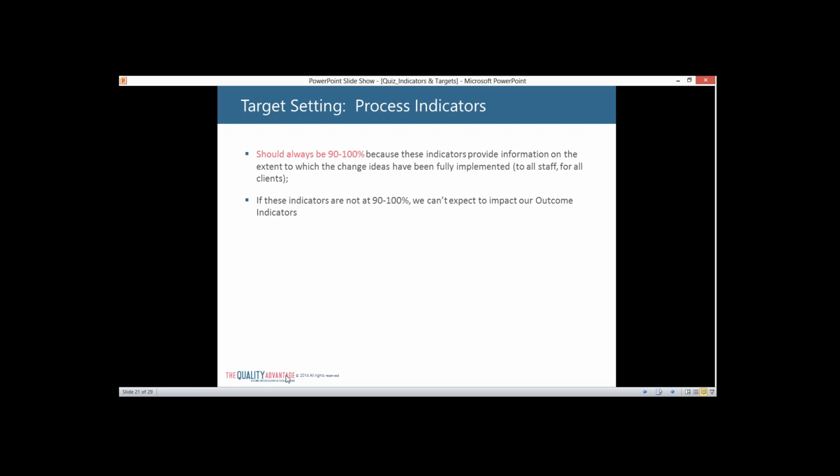So we want to know that all staff who are intended to take up a new idea or a new way of working, for all clients for whom it's relevant, that's our goal. And if we're only at 30 or 40% at the end of the year, we can't really expect then that the outcome measure that's related to these process measures is going to change.